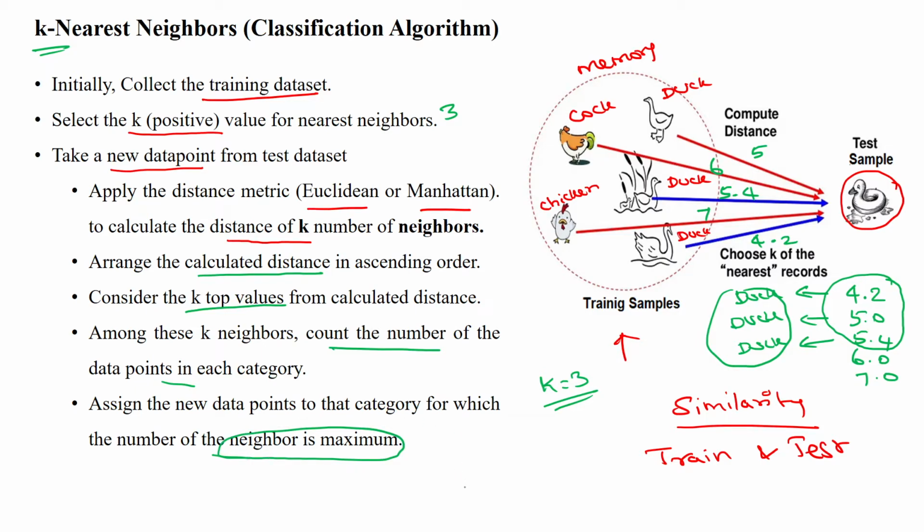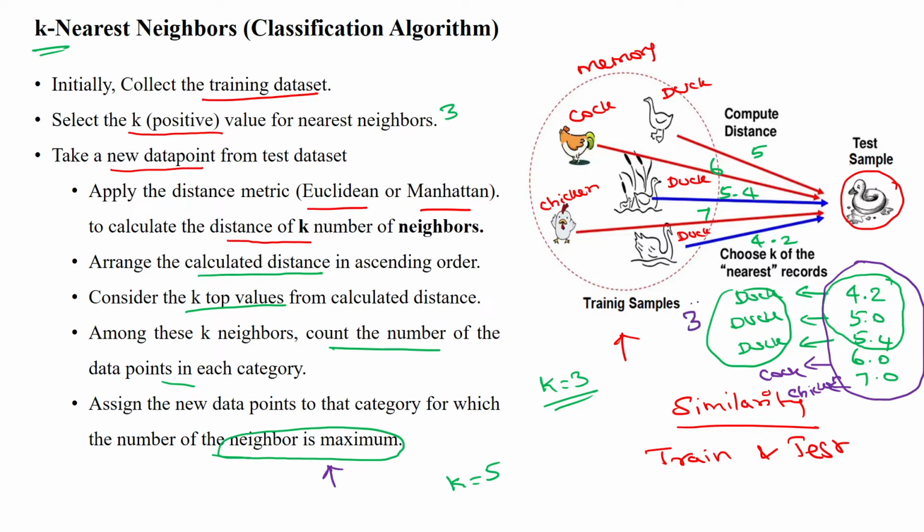Suppose my k value is 5. Then I will select all 5 neighbors. Here 6 belongs to the cock and 7 belongs to the chicken. So which category has the maximum count?